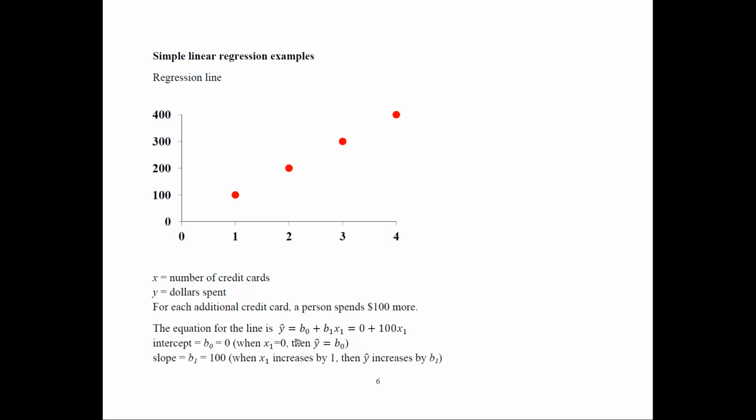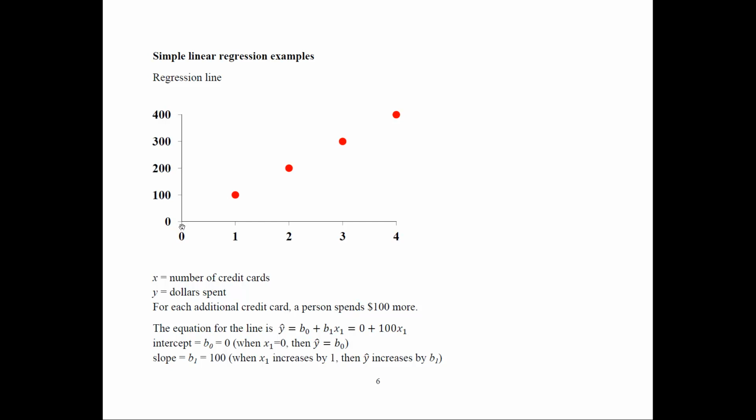So the equation for this line would be y hat equals b0 plus b1 x1, or it would be 0 plus 100 times x1. So notice that the intercept, or b0, is equal to 0. If you put a line connecting those dots, it will hit right here.